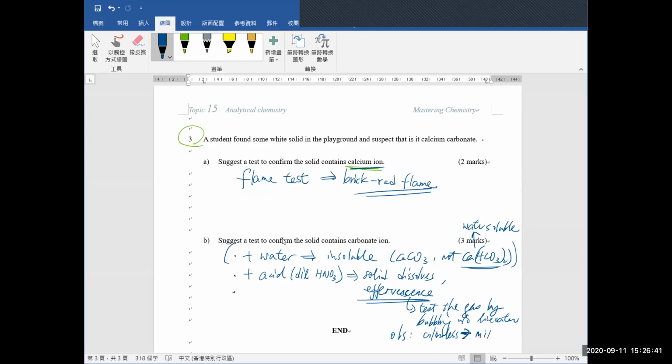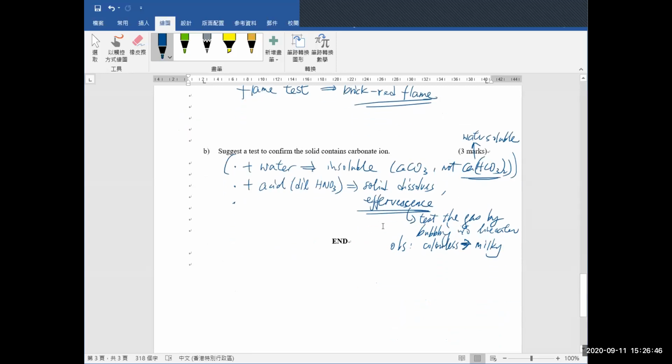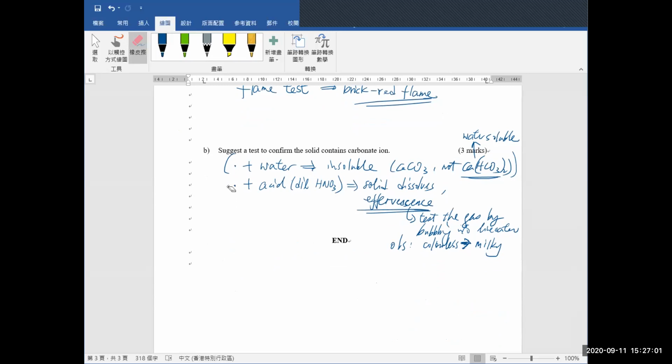Can you get my point? So we have got this. Is it enough? Now, first of all, somebody may argue you want to bubble in excess, but it really depends on the amount of sample. For the sample commonly used for testing purposes, resources are always limited.